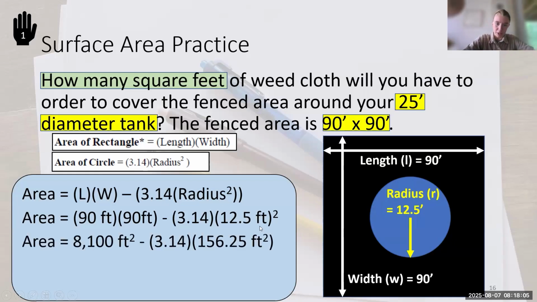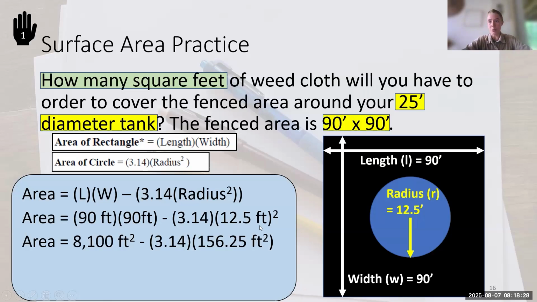So we're going to go 12.5 feet squared, and that's going to give us 12.5 times 12.5 is 156.25. And then those feet get squared. Then we also have this multiplication early in the equation, 90 times 90, that's going to be 8,100.